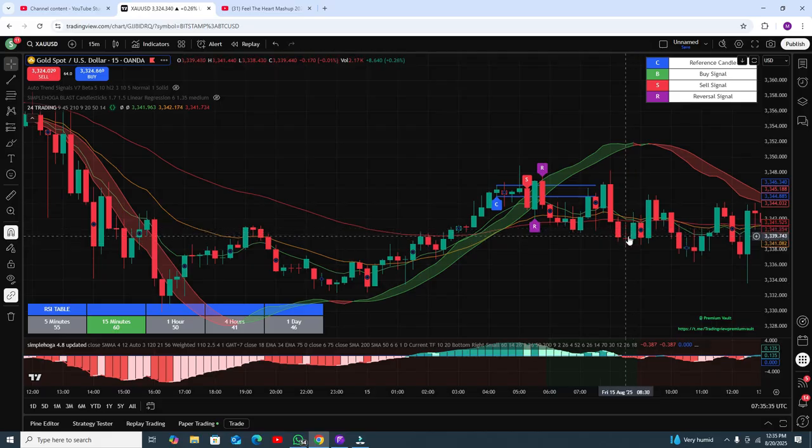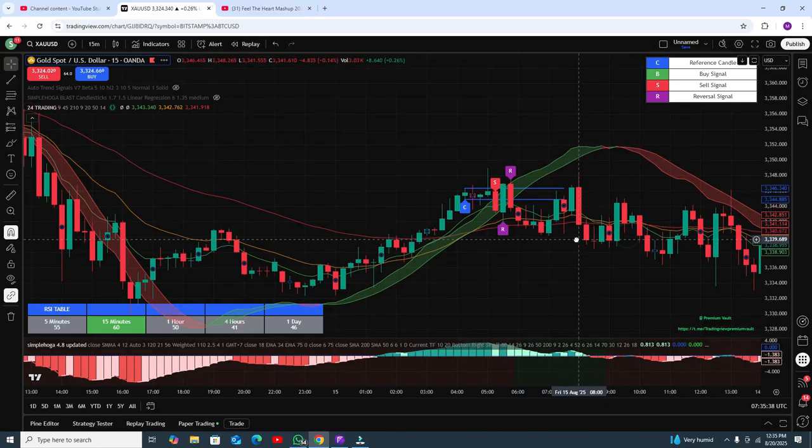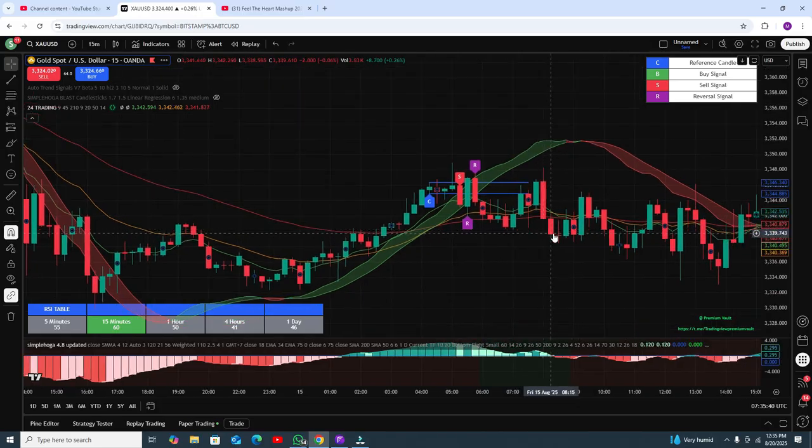Okay, this is your entry point, and market goes from 3,340. From 40 market goes from 40 to 33. Okay, that's easily catch. This is your another entry point. You can see easily $5 to $6 movement catch.